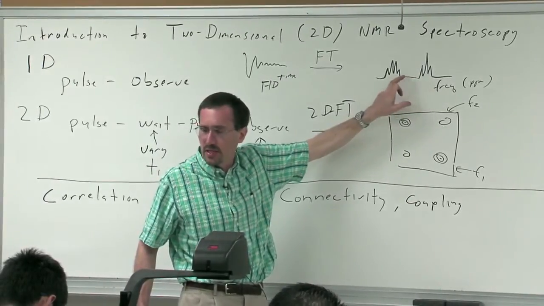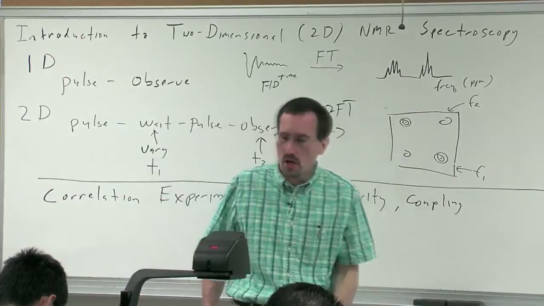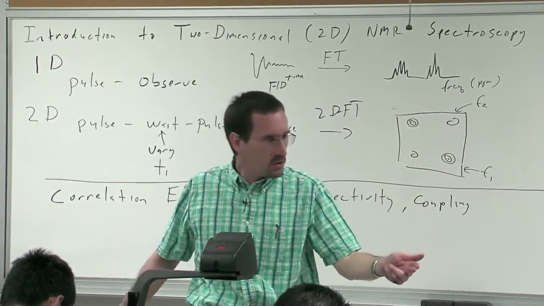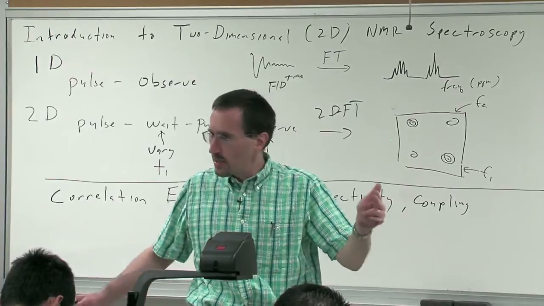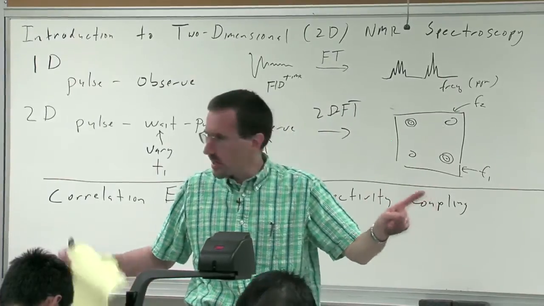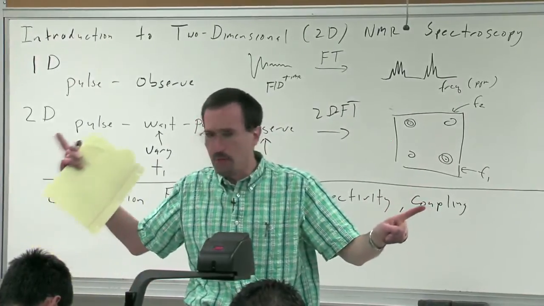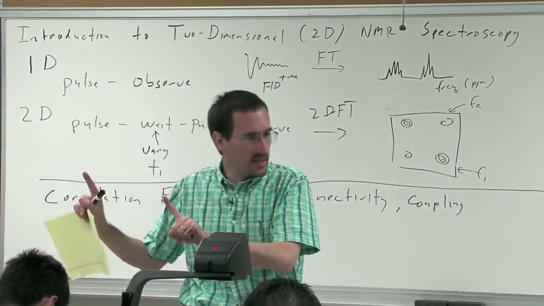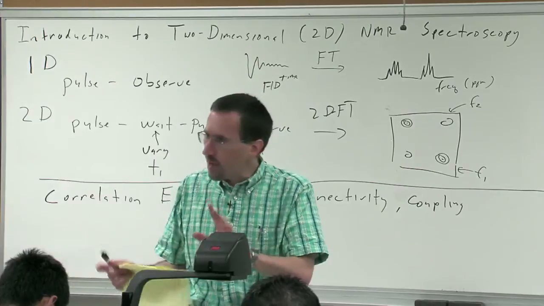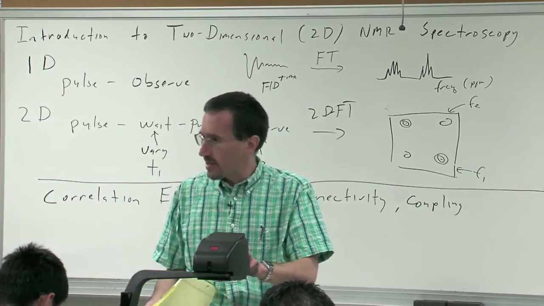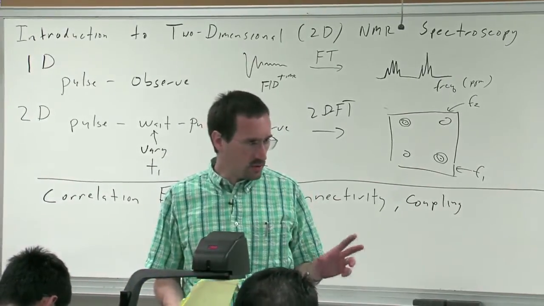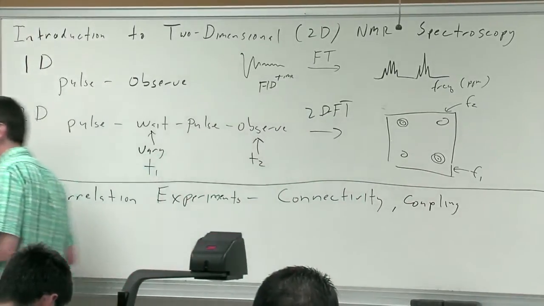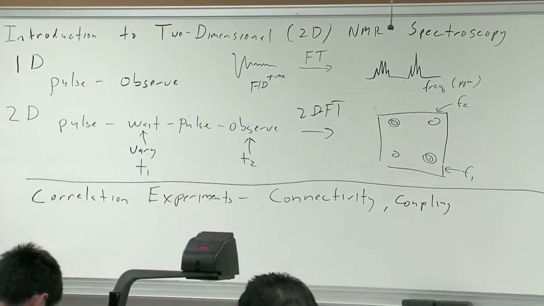Correlations give that same type of information. When you see a 17 hertz coupling in a trans alkene, you say, that coupling must have a partner somewhere. Ah, here is its partner that also has a 17 hertz coupling. So you're already using connectivity information in helping to deduce your structures. 2D experiments provide that information in a more general way.